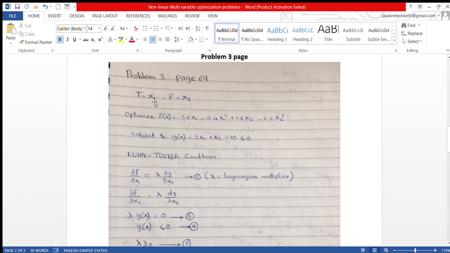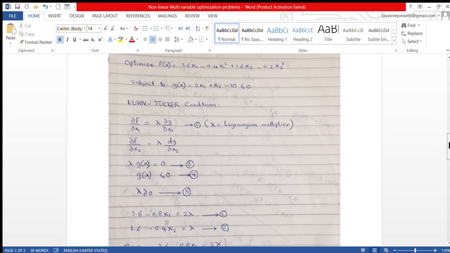In the place of T put x1, in the place of P put x2: 2x1 plus x2 minus 10 is less than or equal to 0. Similarly, in 3.6T minus 0.4T square plus 1.6P minus 0.2P square, substituting x1 for T and x2 for P gives this equation. Now let us derive the Kuhn-Tucker conditions.